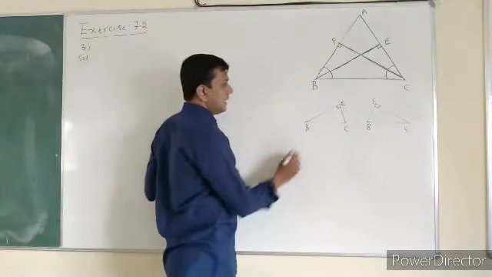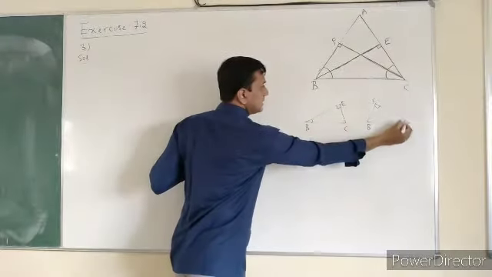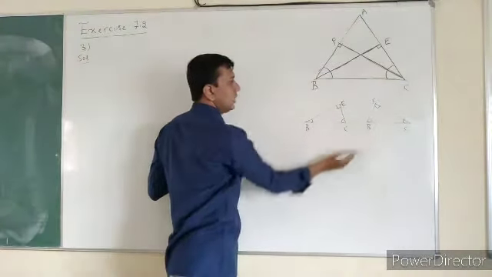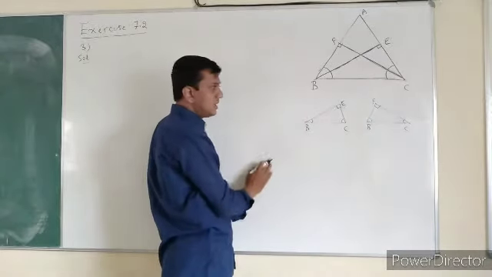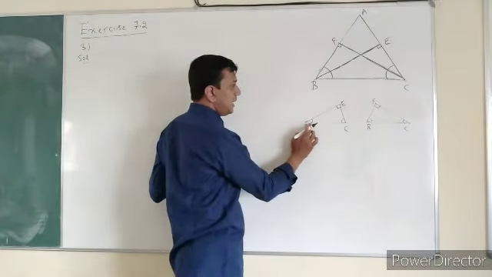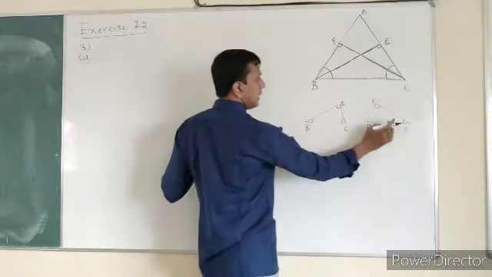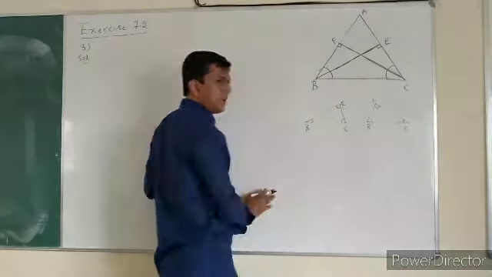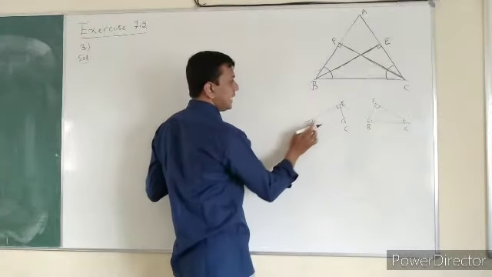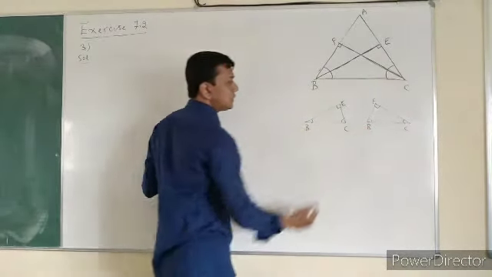You can observe that angle B is equal to angle C. Both are equal. And BC is the common side. Angle B is equal to angle C, angle C is equal to angle B here. And one more side, which is that side? BC is equal to CB.